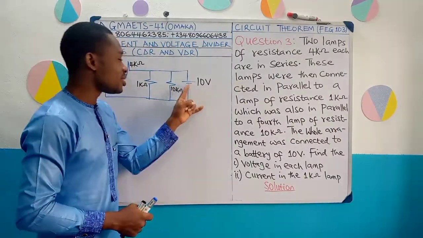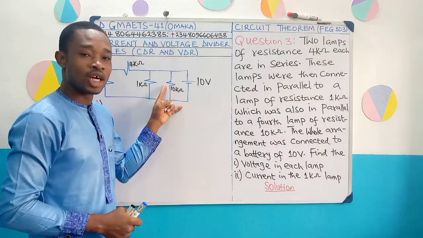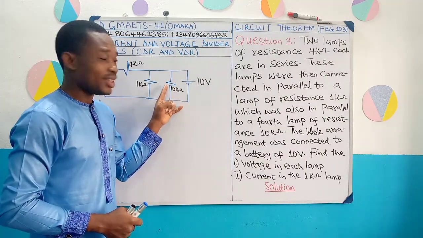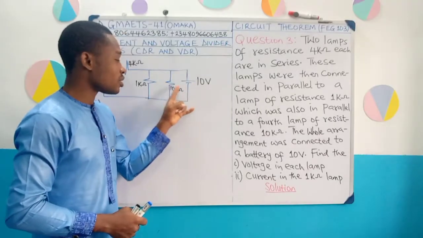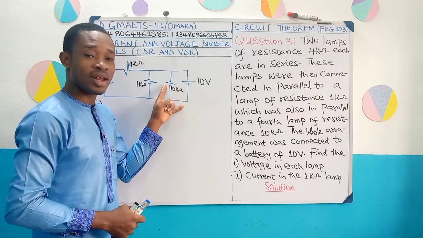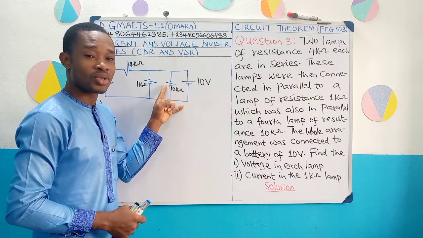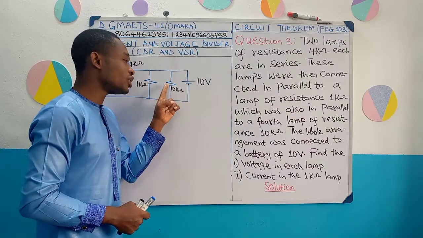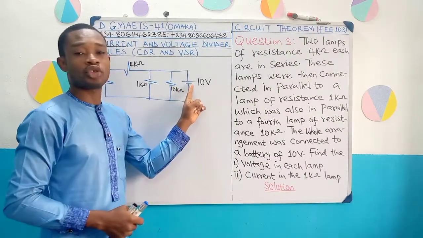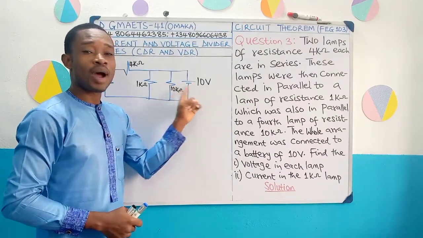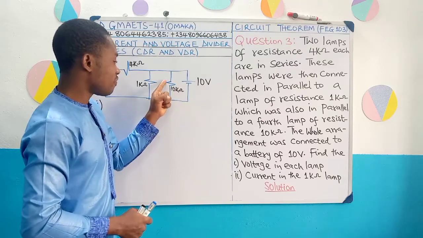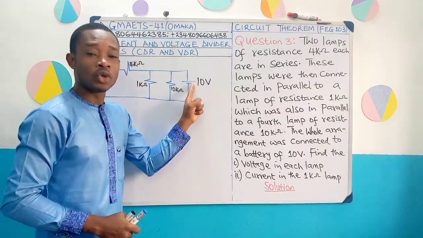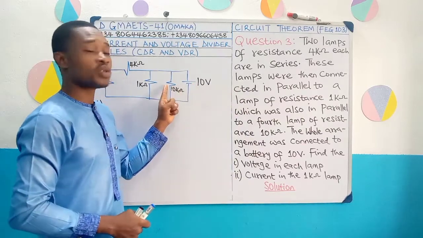This battery is in parallel to this 10 kilo ohm resistance lamp. True or is that not true? This battery of 10 volts is in parallel to this resistance lamp of 10 kilo ohms. It simply means that this is going to have the same voltage value as this battery, because they are in parallel.